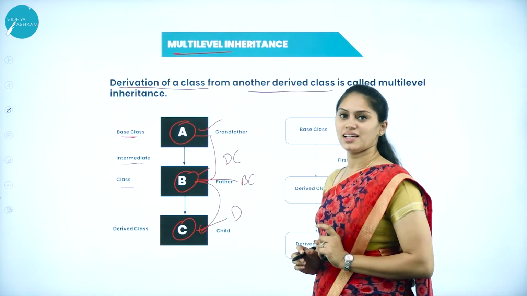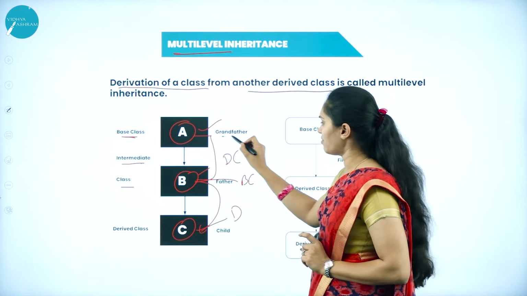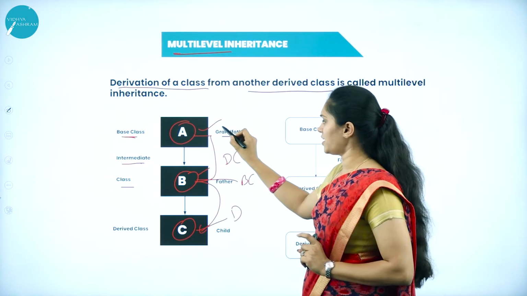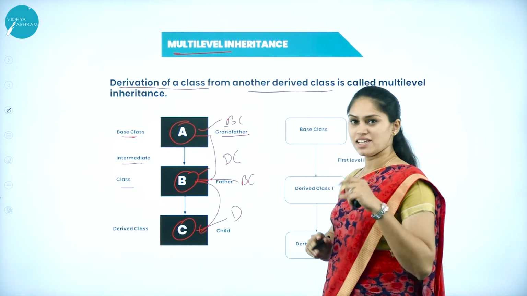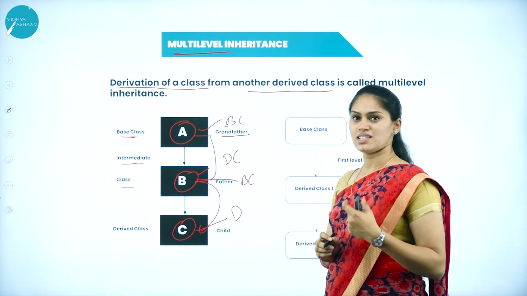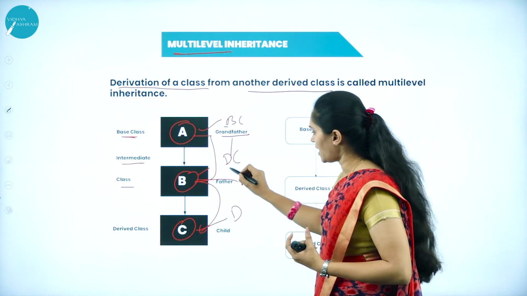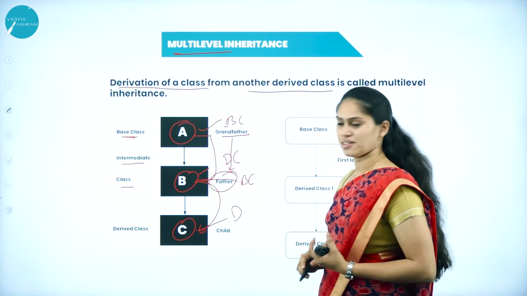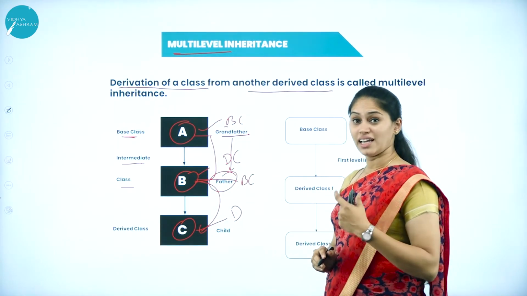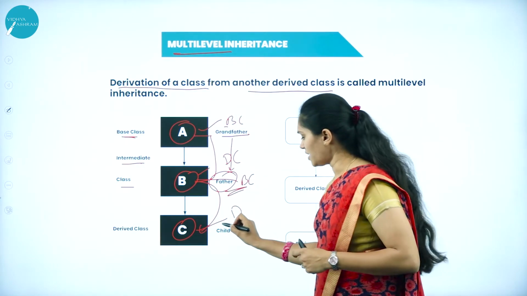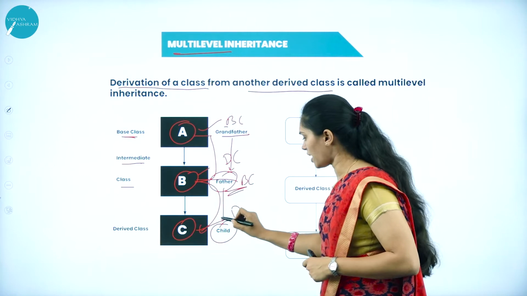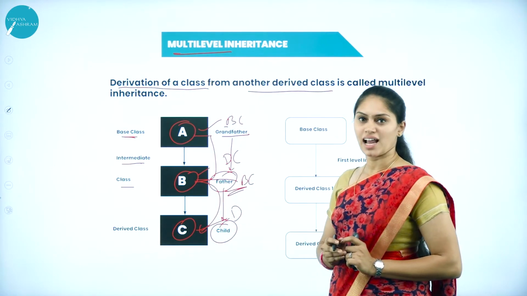If you consider a real-time example, I have a grandfather, who will be the base class. The grandfather has its own characteristics, features and behaviors. That data will be copied to the father, the intermediate derived class. The son class or child class can also acquire the features from the father class.